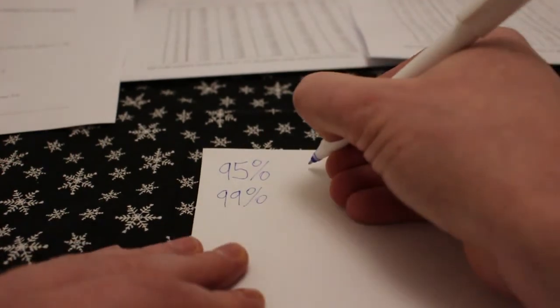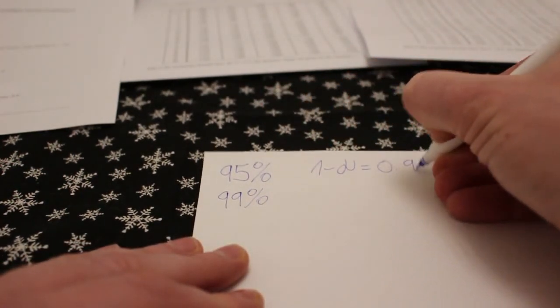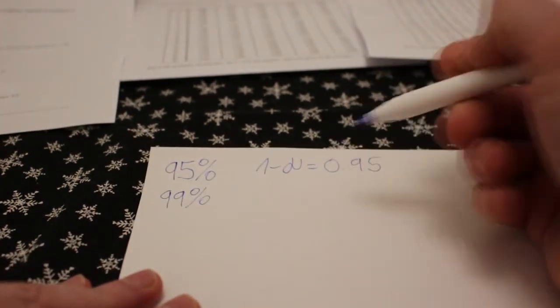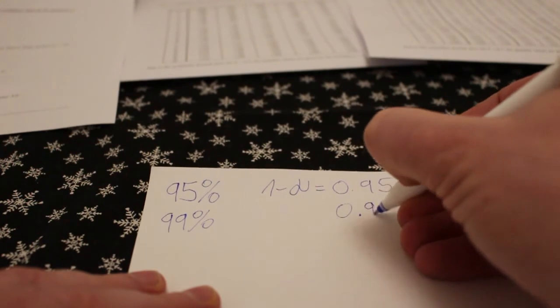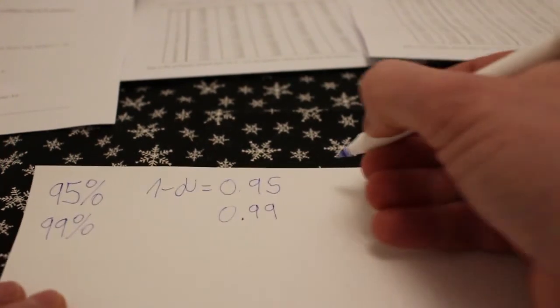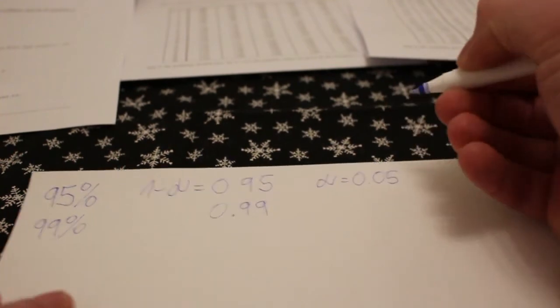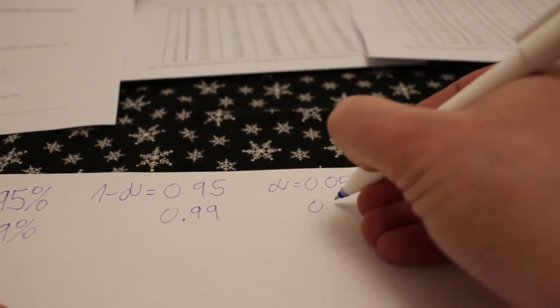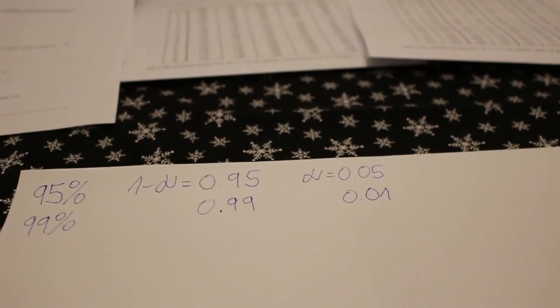Yes, this is 1 minus alpha equal to 0.95. This is 1 minus alpha equal to 0.99. So alpha here is 0.05 and alpha here is 0.01. Okay, everything is clear.